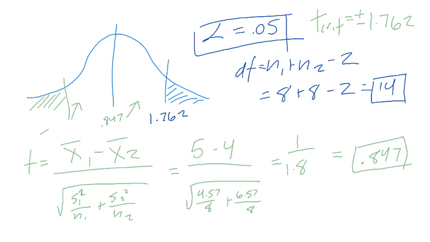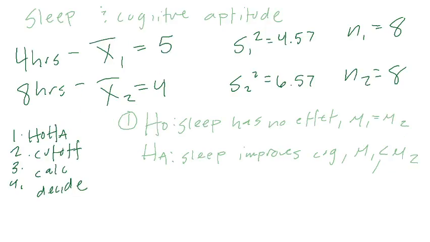That's why we just look for magnitude of effect when it comes to t. So what does that mean? If we are not in the critical region, we need to retain the null. And what does that mean? It seems that sleep has no effect on this particular cognitive aptitude test.